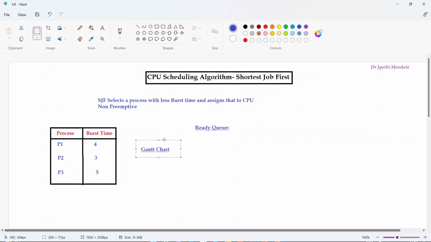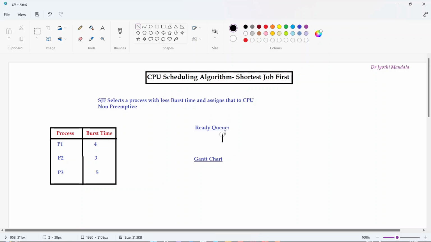Because the arrival time is not mentioned in this problem, we will consider that at time interval 0, all the processes have arrived into the ready queue. So this is our ready queue.